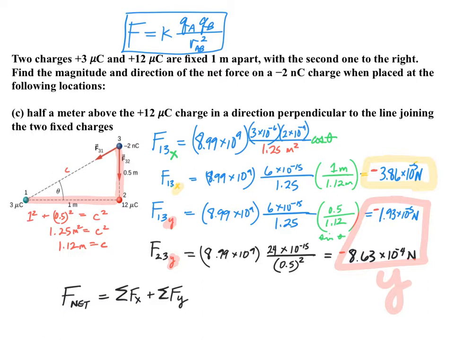Okay, now this is in rectangular notation. We're basically writing it like a vector. So there was only negative 3.86 times 10 to the minus 5th newtons. And then if you sum up these other two, you get, where is it?